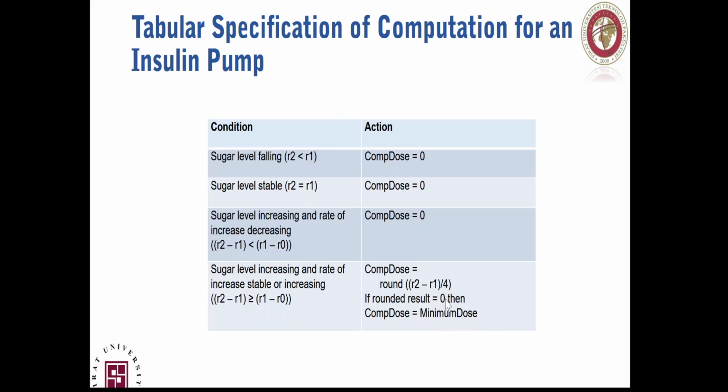Otherwise, we will provide whatever the amount of the dose is supposed to be. Rounding, you know it, we go to an integer value of a dose. So we go to the closest integer value based on the rounding process in this case to avoid any fraction.